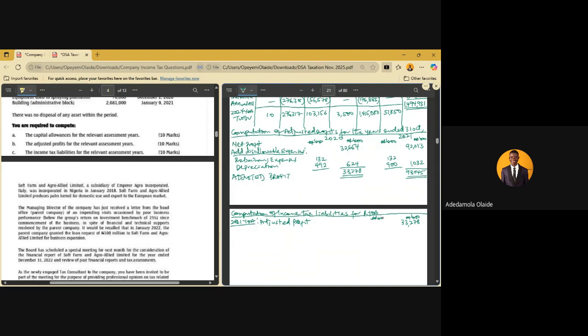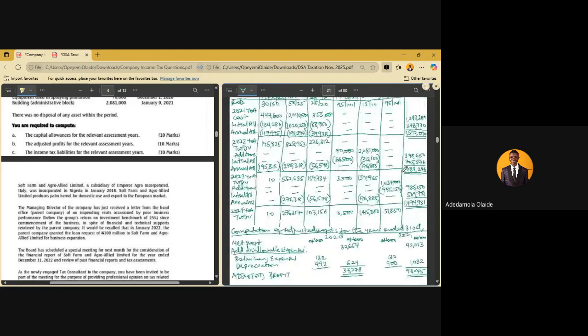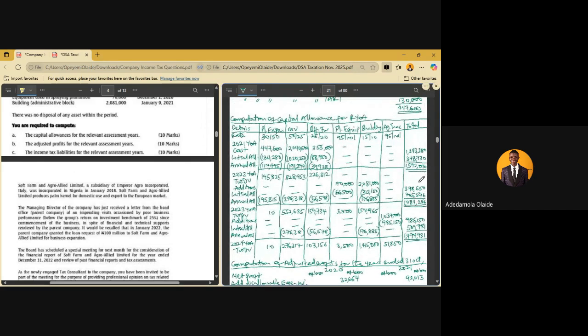Then we now have what? Less capital allowance, because we don't have loss relief. So the next thing we only have is capital allowance. Capital allowance for the year will be how much? We'll go back and check. 1,592,010. Remember, those figures weren't quoted in thousands.